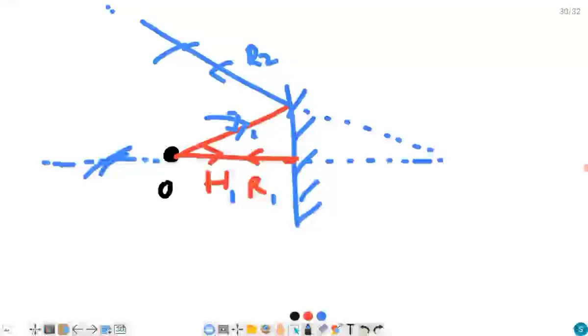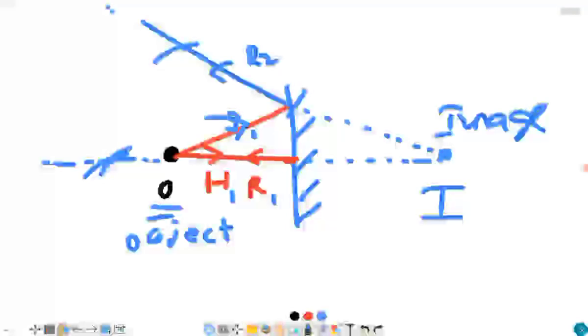I'm just extending. Now, see here. After extension, they are meeting here. As they are meeting here, the image will be formed. This is the image formed of this point object O I have taken.